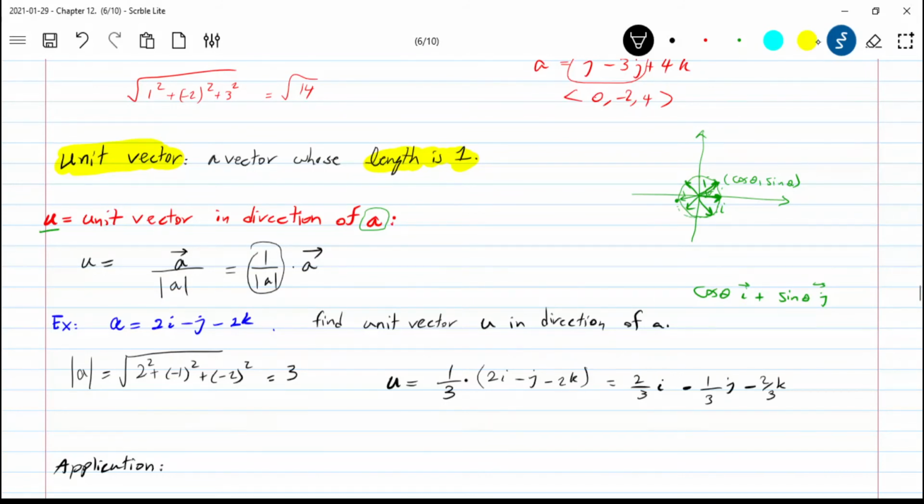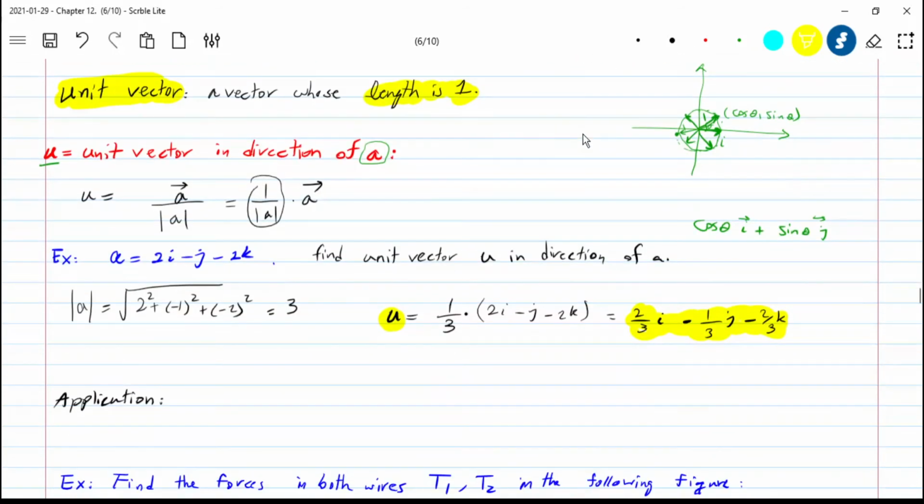Just to make sure that you have the unit vector, you can double check and calculate the magnitude of this vector u. Do the same, squaring the components and adding them up, to see if you get 1. If you don't get 1, then there is a mistake, but I can see that this sums up to simply 1. Okay, so this is the unit vector.